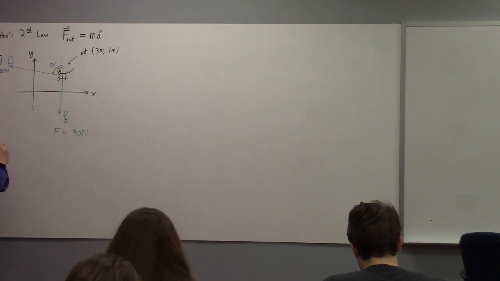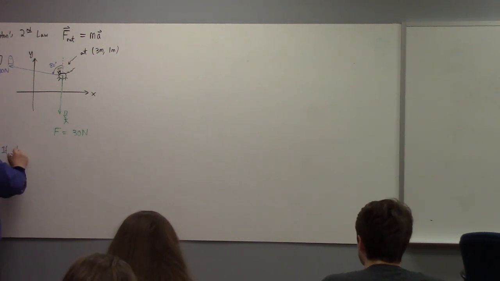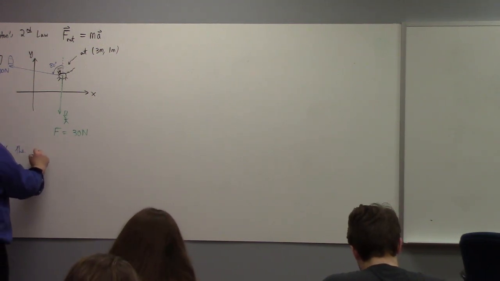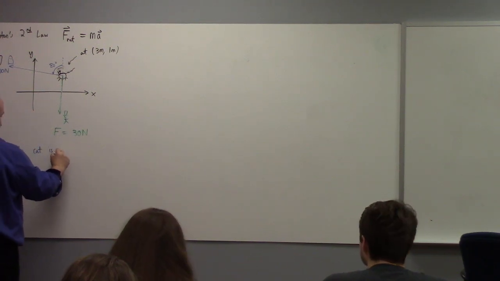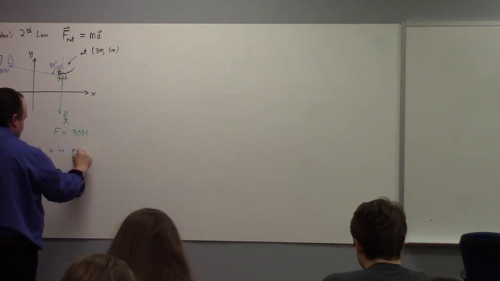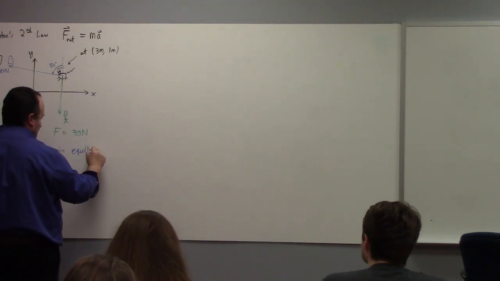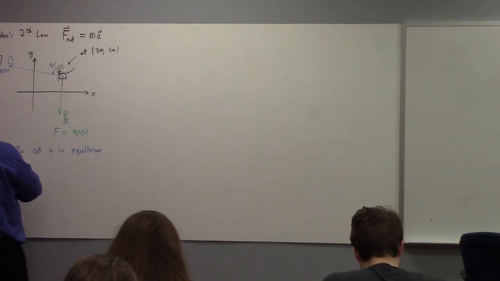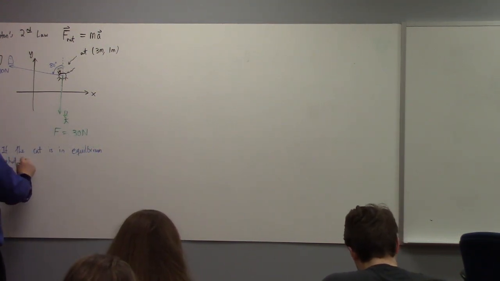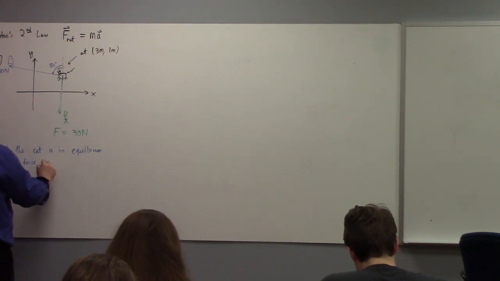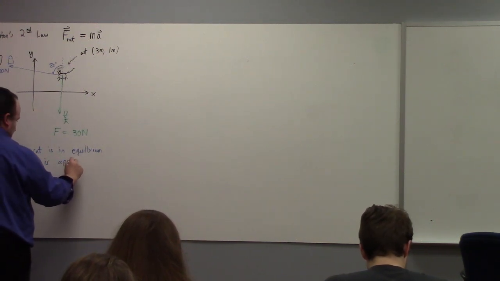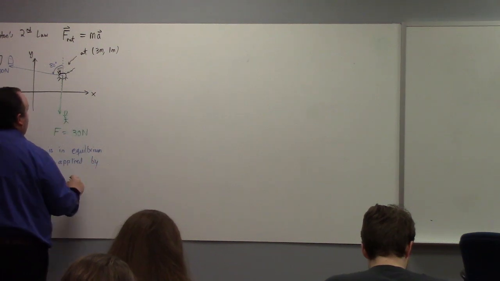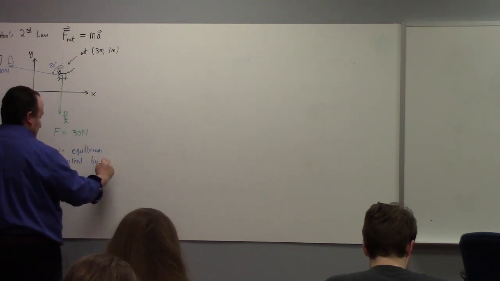Then here's the question. If the cat is in equilibrium, what force is applied by Elon?